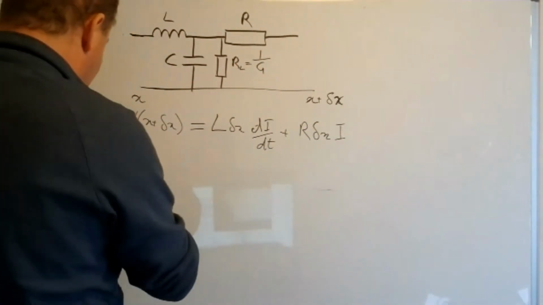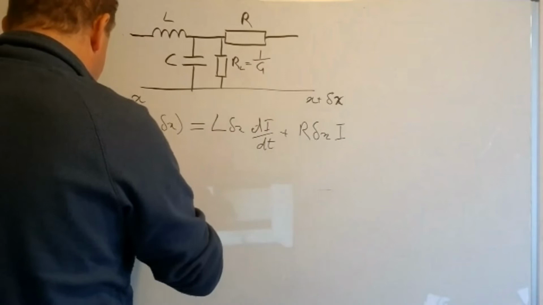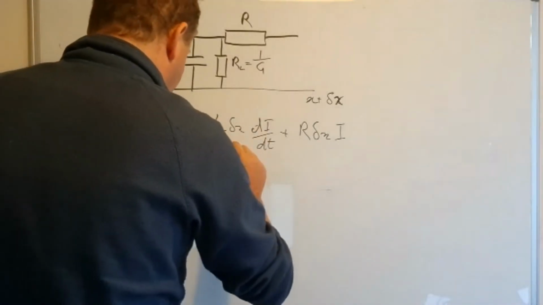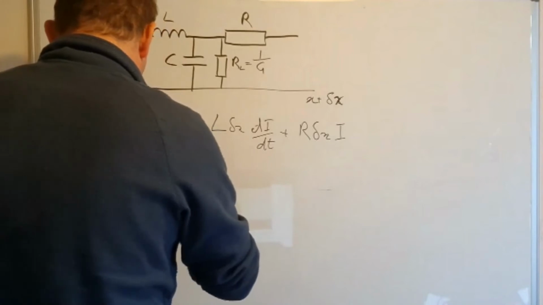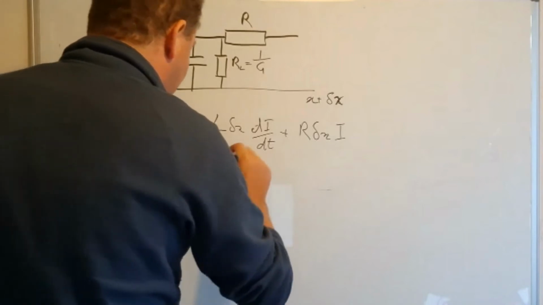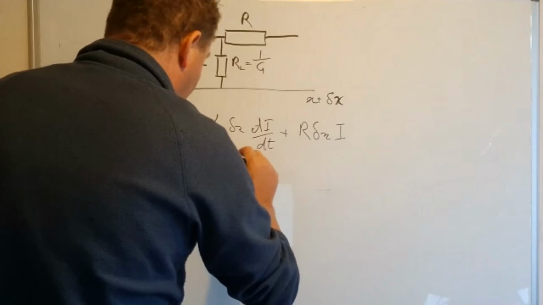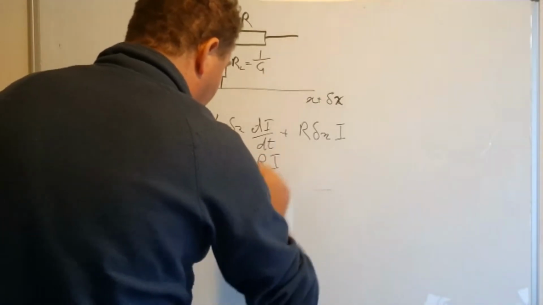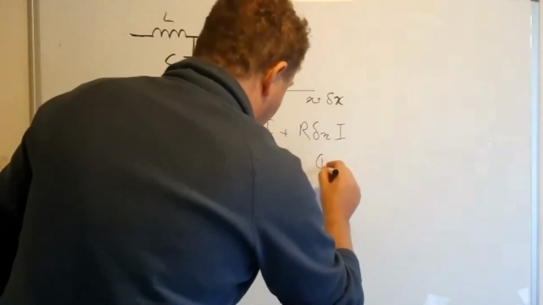And so we can say that minus delta V over delta X becomes L dI dt plus R times I. We'll call that equation 1.